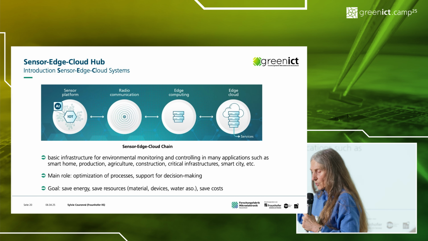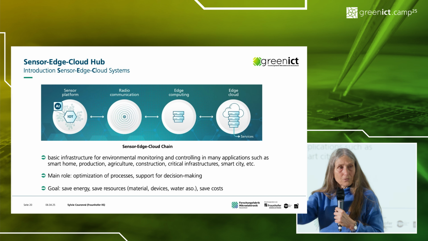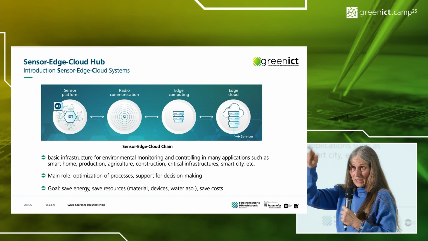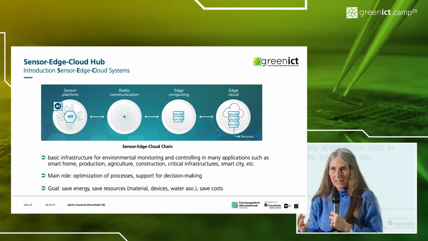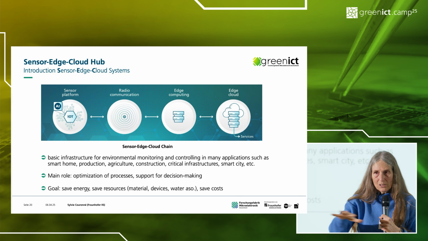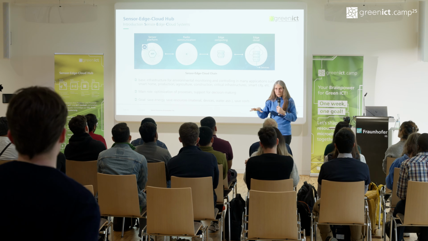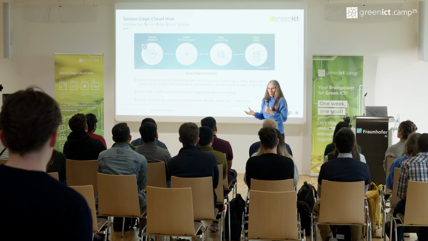You have such installations for smart cities, for controlling traffic, for example, and also smart metering, controlling current, water, whatever, the smart energy grid. So IoT is quite everywhere today.